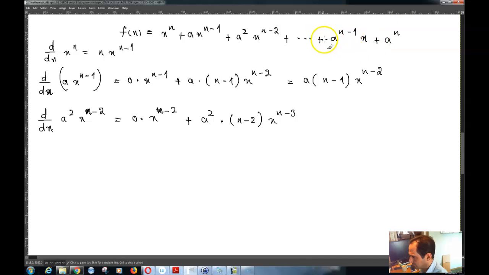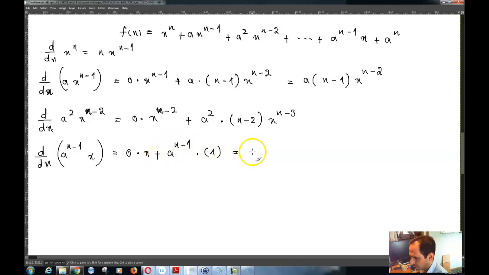The derivative of this term over here is going to be d by dx of a raised to the power n minus 1 times x, which is equal to basically the derivative of the first function, which is equal to 0 times x plus the first function times the derivative of the second function, which is equal to just simply a raised to the power n minus 1.